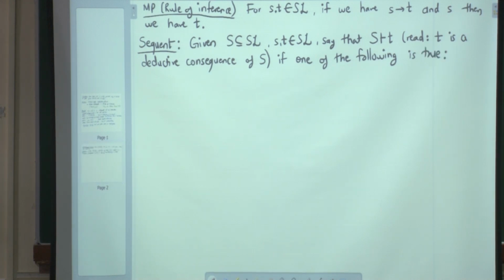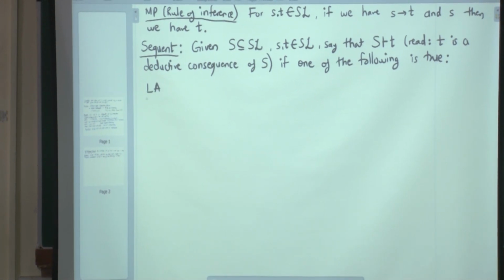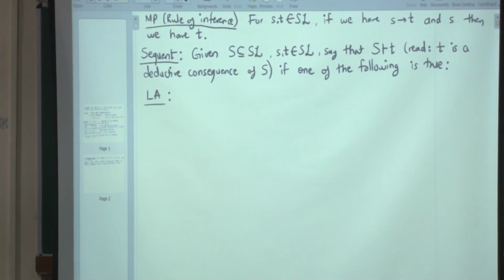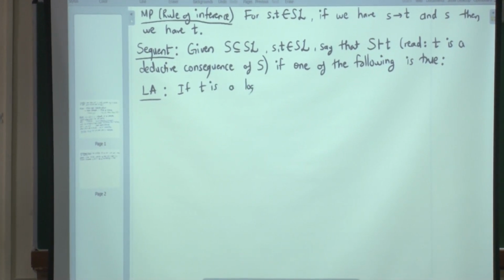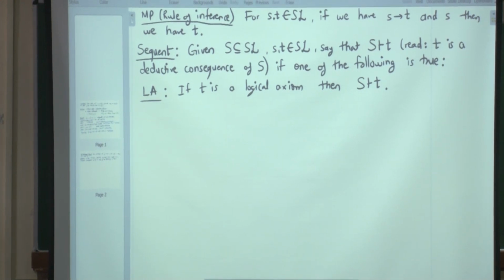Okay, so now there are two base cases. The first one is LA. If T is a logical axiom, then T is a deductive consequence of S. See, logical axiom means a tautology, and tautology in the Boolean algebra, where does it sit?